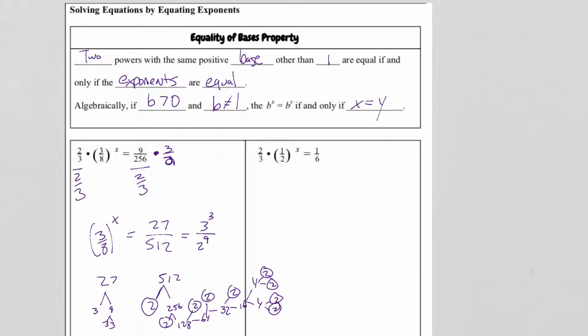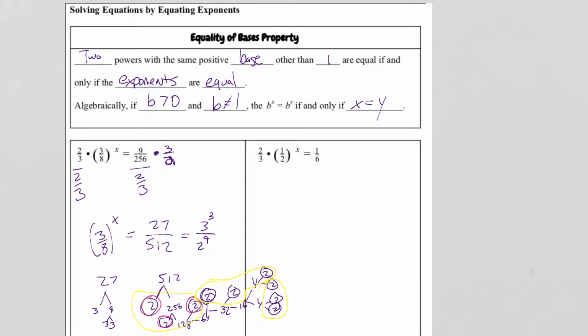But that's not going to help us much. You also have 2 times 2 times 2 is 8. And how many batches of 3 do you have? There's 8, there's 8, and there's 8.